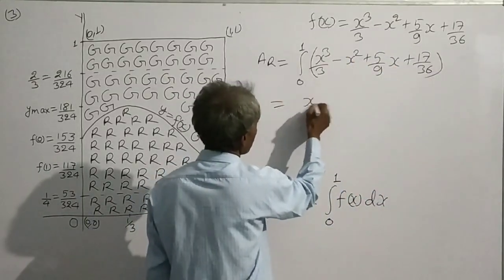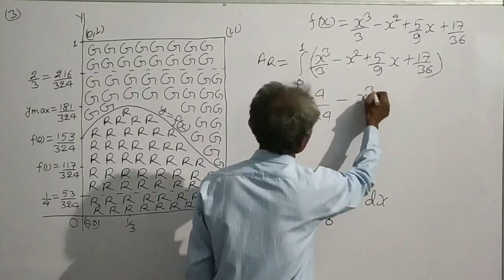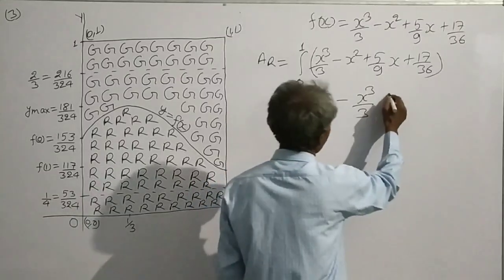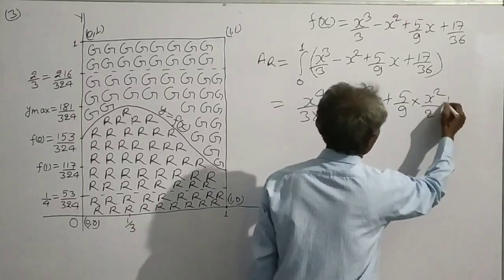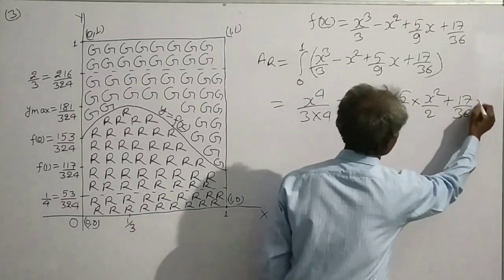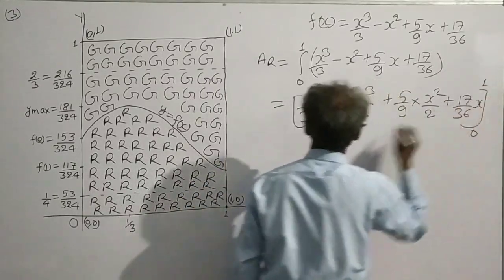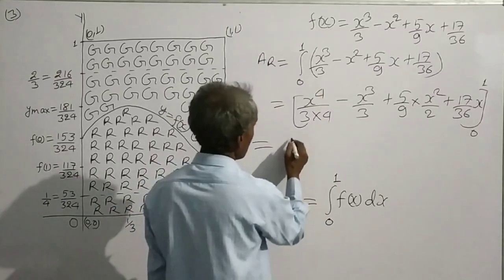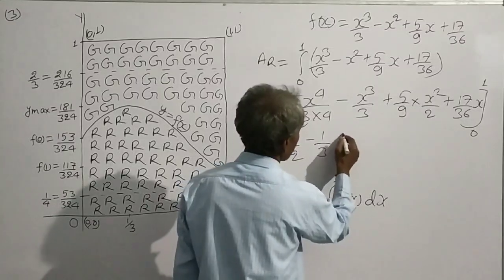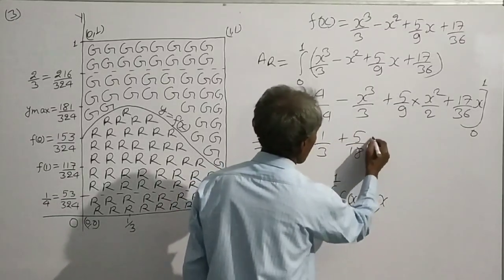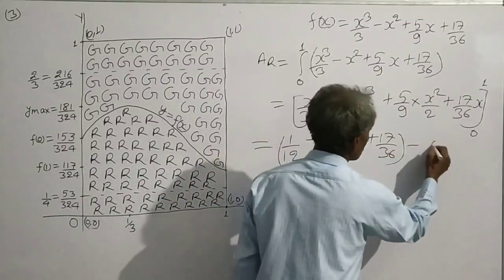That is equal to [x^4/(3·4) - x^3/3 + 5/9 x^2/2 + 17/36 x] from 0 to 1. That is equal to 1/12 - 1/3 + 5/18 + 17/36 - 0.